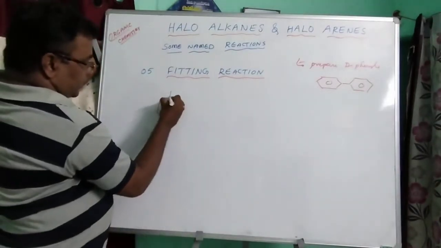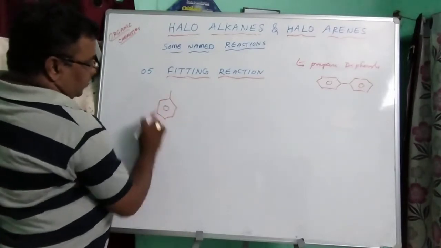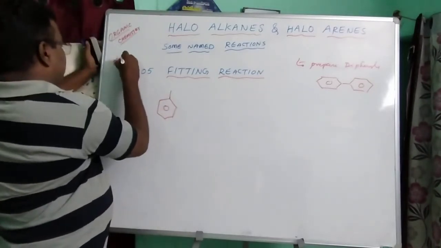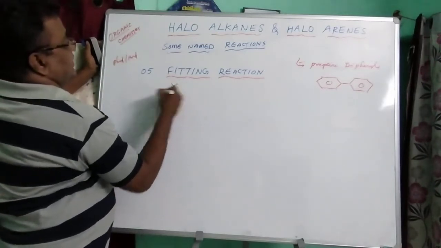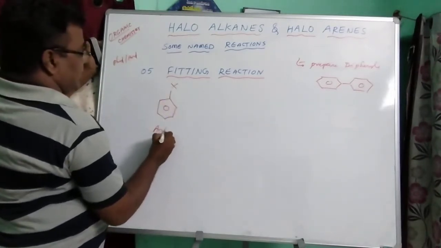When we remove 1 hydrogen, this is phenyl. Phenyl group is also known as aryl. So this is aryl X. Now this is aryl halide.